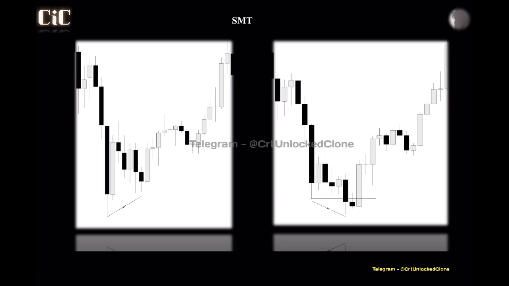And this is a concept first developed by Charles Dow back in the late 1800s. It is not an ICT concept. It is not a new magical SMC invention. It's old as the hills. Right, which is the idea that the market makers are going to push price below one specific low and not the other one to send each other a signal that the bottom's in.